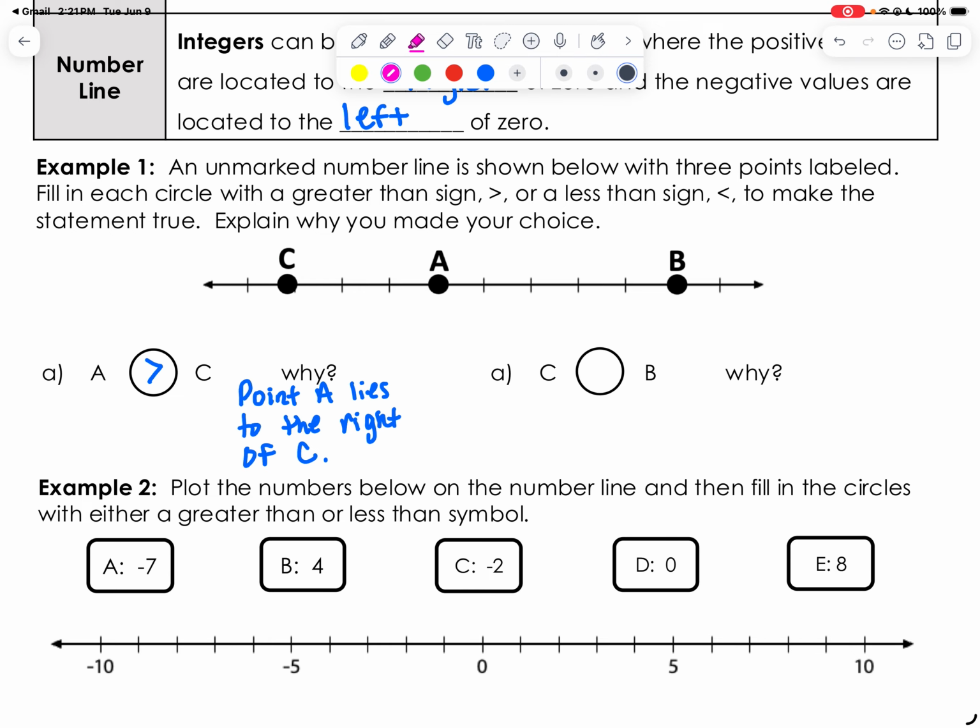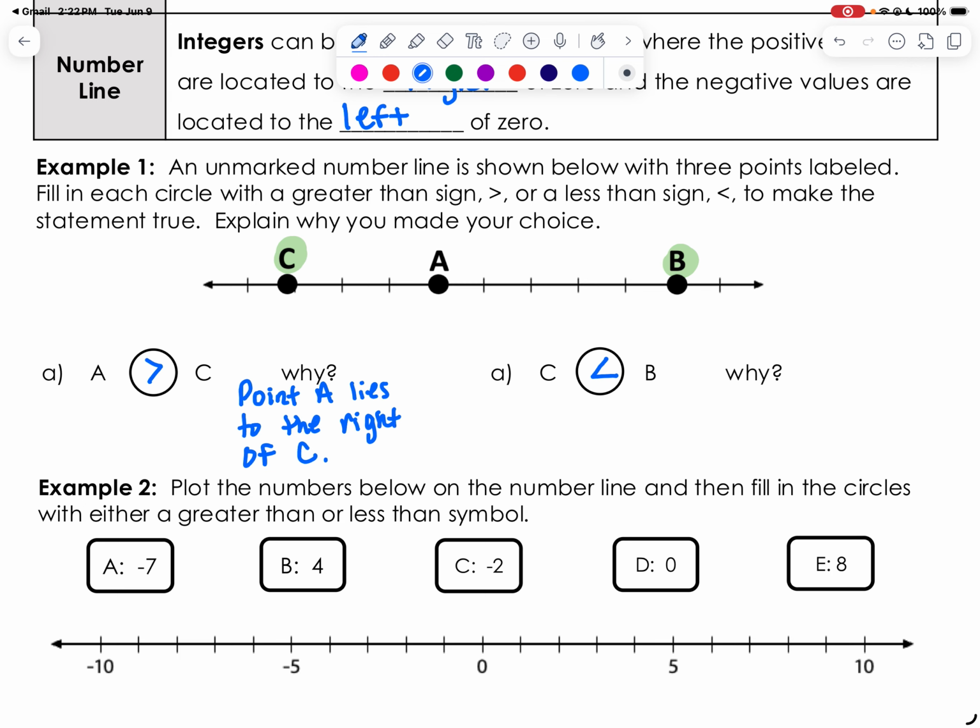All right, our next problem is comparing point C to point B. So here is point C, and here is point B. So we're going to ask ourselves, is C less than B or is C greater than B? Well, because C lies to the left of B, then we know it is less than.